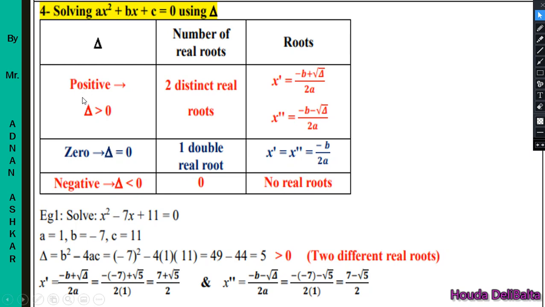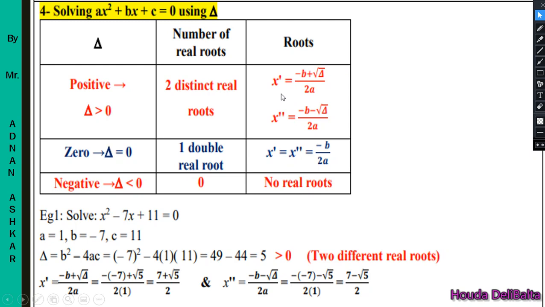And here is the first rule. If delta is positive, then we have two distinct real roots for this equation. x prime is the first root and x double prime is the second root, or we can call them x1 and x2.